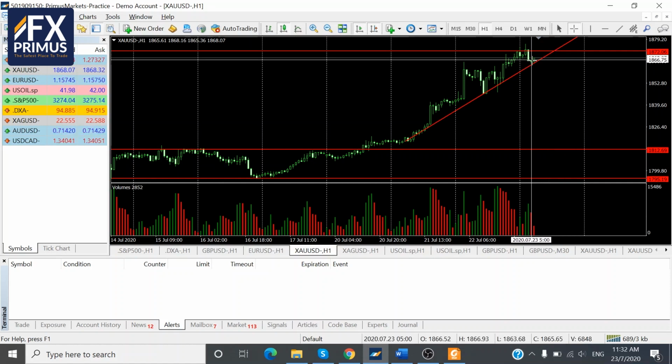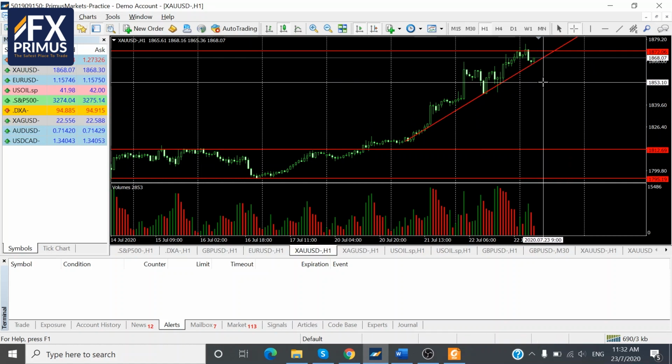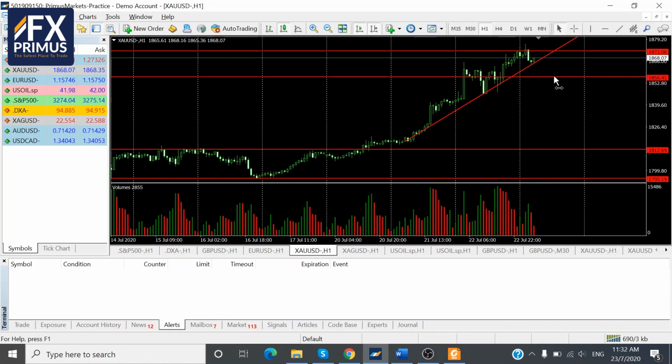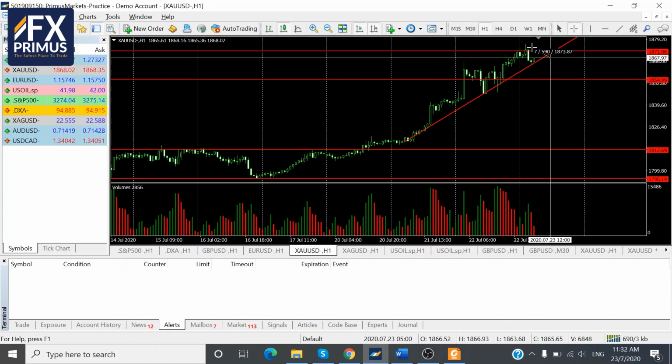However, if this bullish trend line breaks, we are looking for it to come towards 1,854 levels. Okay, so to the upside, another $9 movement, and to the downside, another $13 movement.